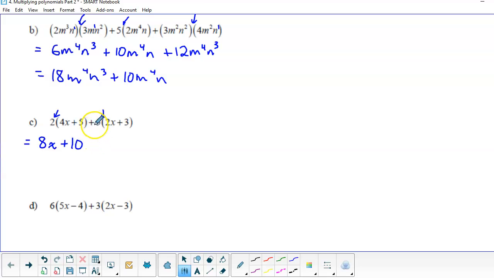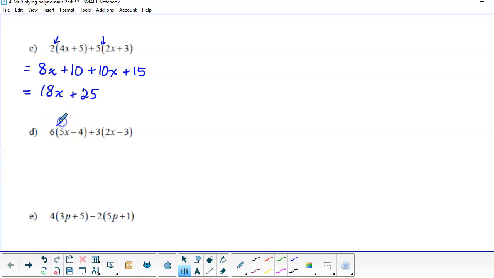So consider this a positive 5 times positive 2 is positive 10, so that's a plus 10x. And then 5 times 3 is 15, so it's a plus 15. Now your like terms are the x terms, so that's 18x. And 10 plus 15 is 25.